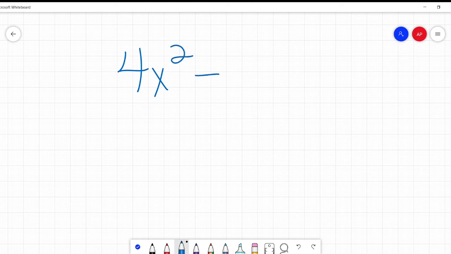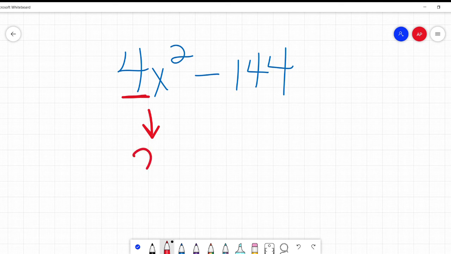The same thing is true, let's say, if it was like this. 4x squared minus 144. Why not? Is this a square? When we're trying to find a perfect square and we have numbers and variables together, check them individually. They both have to be perfect squares. So first, is 4 a perfect square? Yes, it is.